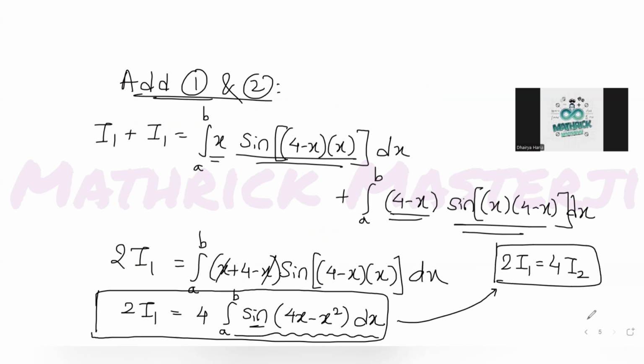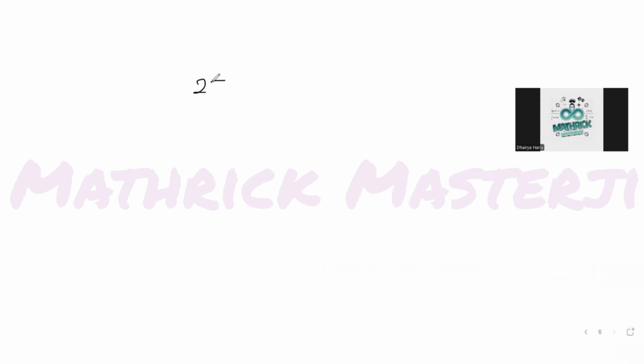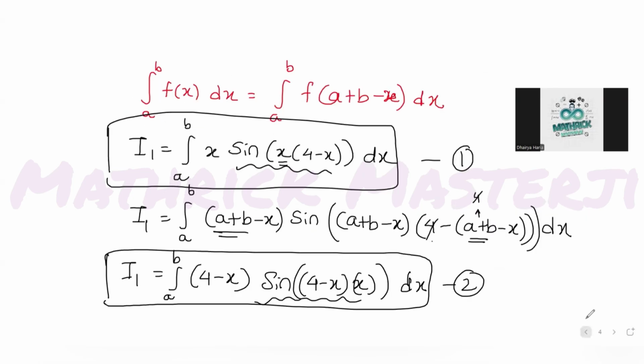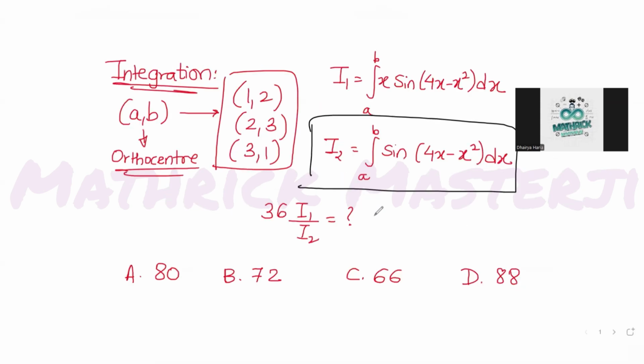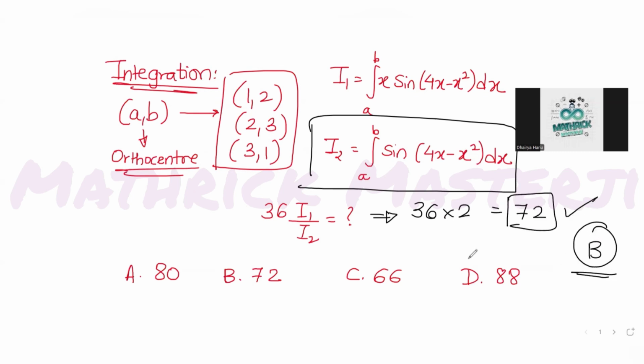Once I have 2I1 equals 4 I2, I can write I1 over I2 as 4 over 2, which is 2. So I have the ratio of I1 and I2. The question is asking for 36 times that, so 36 times 2 is 72. That matches with answer choice B, so B becomes the correct answer for the question given to us.